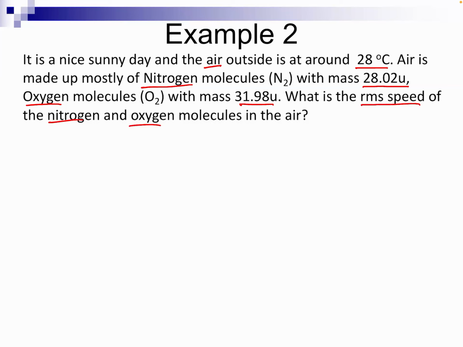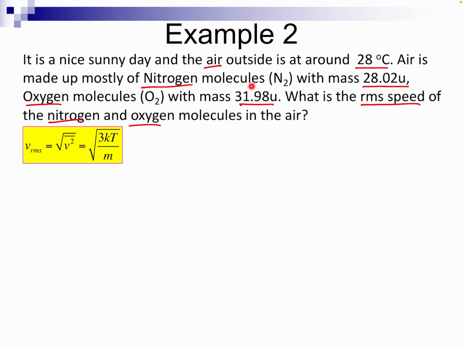So how fast are the nitrogen and oxygen molecules moving on average at a temperature of 28 degrees Celsius? From definition, RMS speed is getting the square, average, and square root of the individual speeds of the individual molecules.